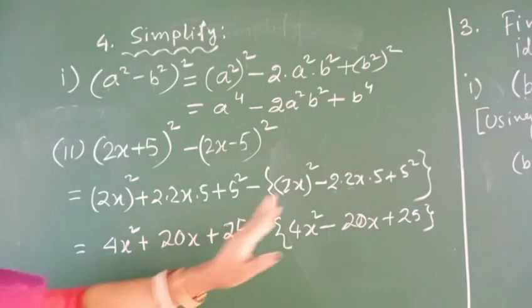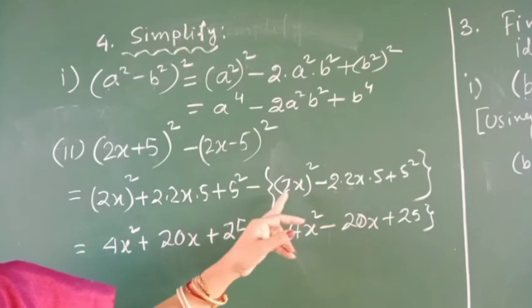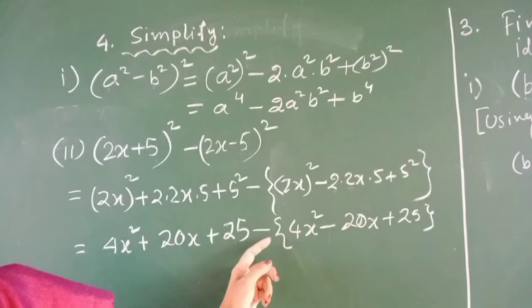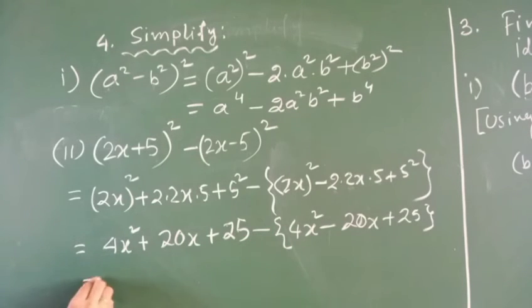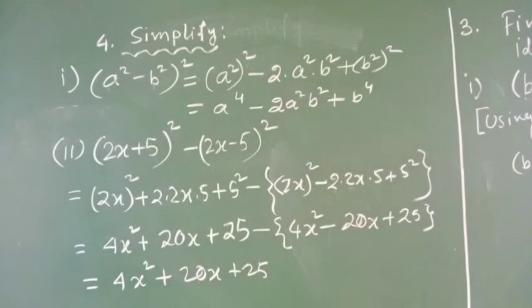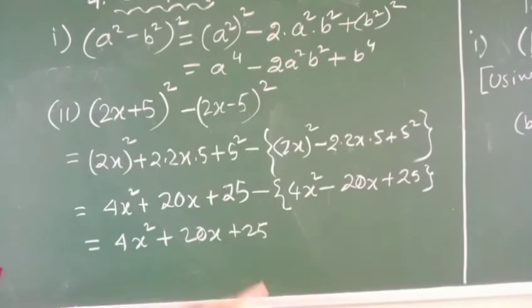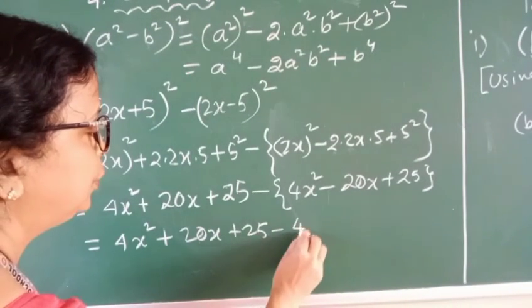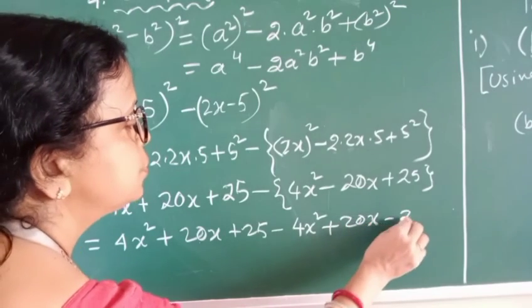Now the work inside the bracket we have already done. Now we will open the bracket, as minus is outside, so be careful when you are opening the bracket. 4x square plus 20x plus 25, then minus 4x square plus 20x minus 25.